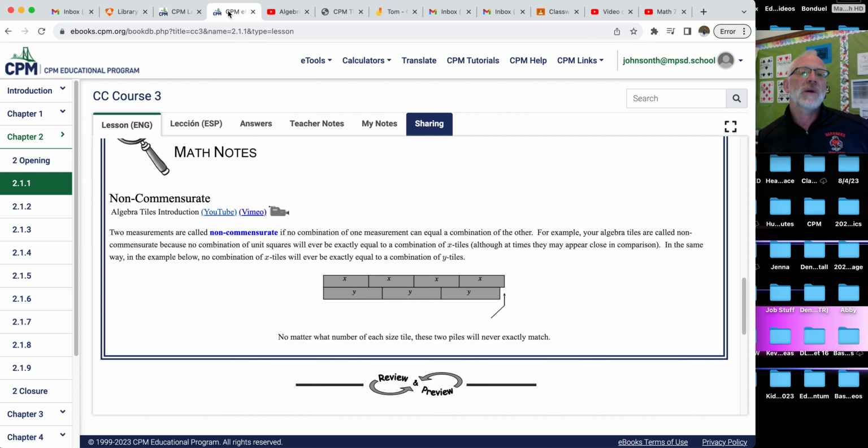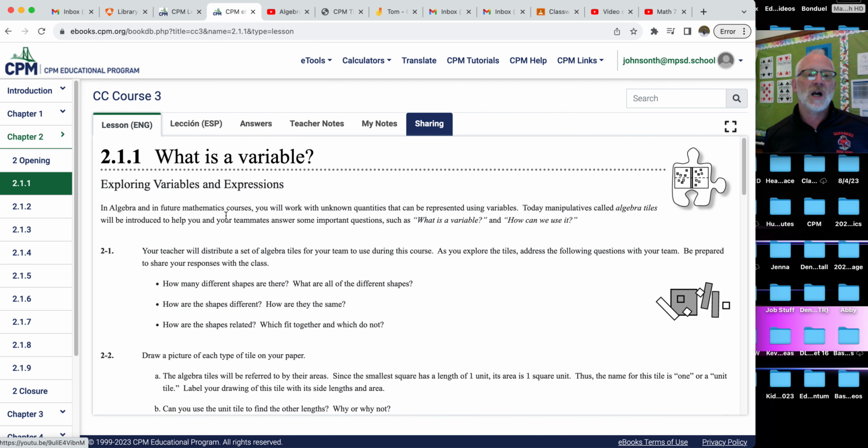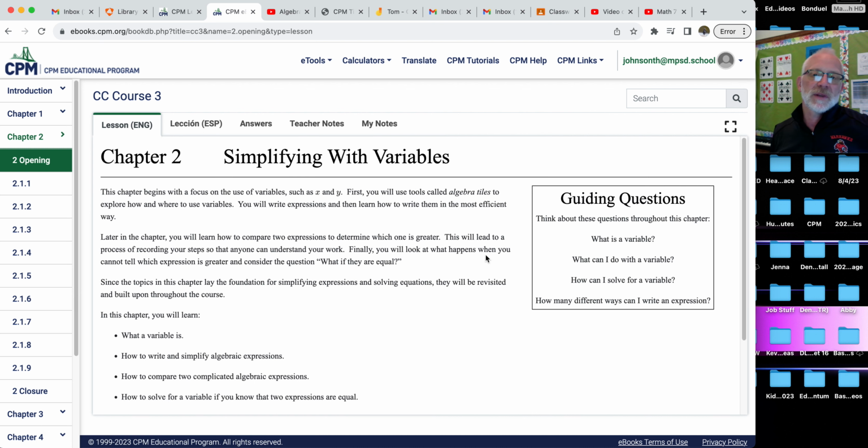From there, we went to 2.1.1, and we're talking about variables. This is what I read with the kids. The chapter begins with a focus on variables such as x and y. We're going to use algebra tiles to explore how and where to use variables. You'll write expressions and then learn how to write them in the most efficient way.